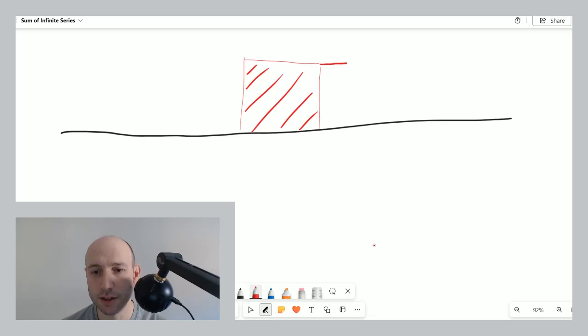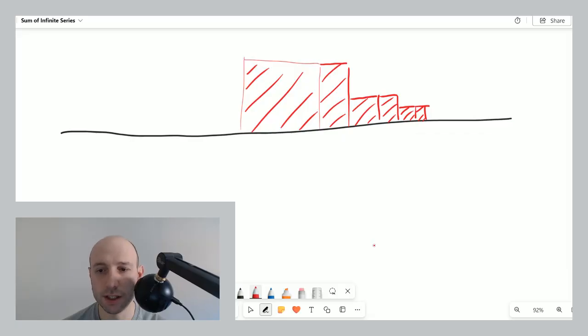And then beside it there's our rectangle of area 1/2. And beside it there's our square of area 1/4. And beside it there's our rectangle of area 1/8. And beside it is our square of area 1/16. And beside it is our rectangle of area 1/32. And we just keep on doing this.